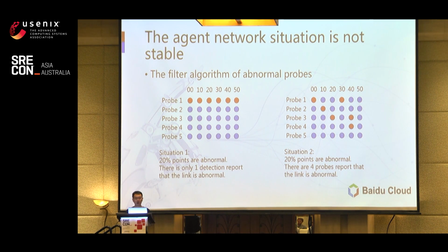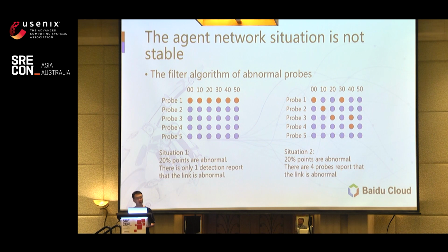Okay, in situation 1, although the abnormal ratio has reached 20%, the abnormal detection results concentrate in probe 1. In this case, it is more likely that probe 1 itself fails and the link is healthy. In situation 2, the abnormal detection results are scattered on multiple probes.